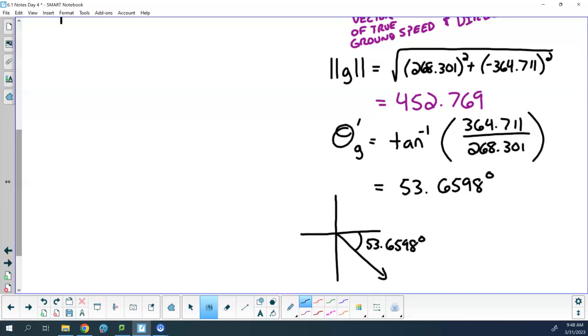We need the actual bearing angle of this plane, and that starts from the north and comes clockwise all the way down to there. So what is the actual direction angle of vector G?